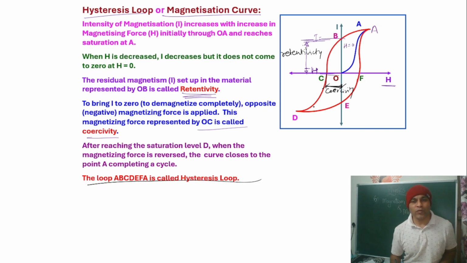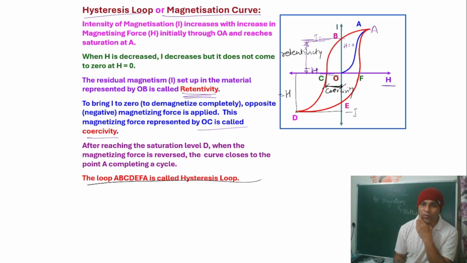So it becomes demagnetized and then reaches D. At this point I also becomes negative, and H also becomes negative.